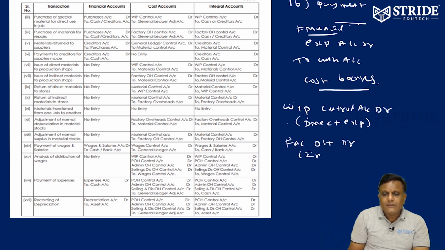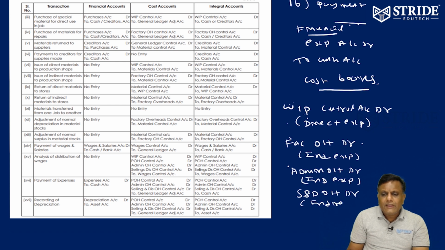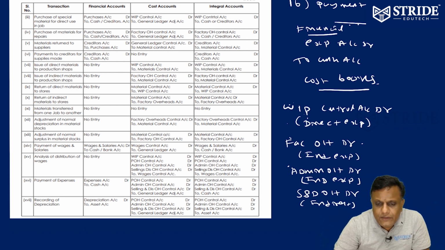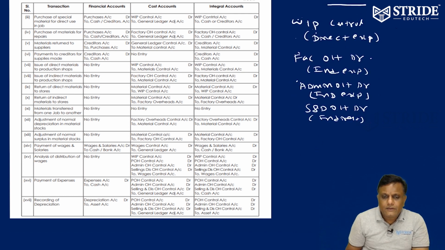This is indirect expenses. Similarly, admin overhead control account debit, this is also indirect expenses. Similarly, selling and distribution overhead control account debit, this is also indirect. So to cash we should not say, we have to say only GLA.